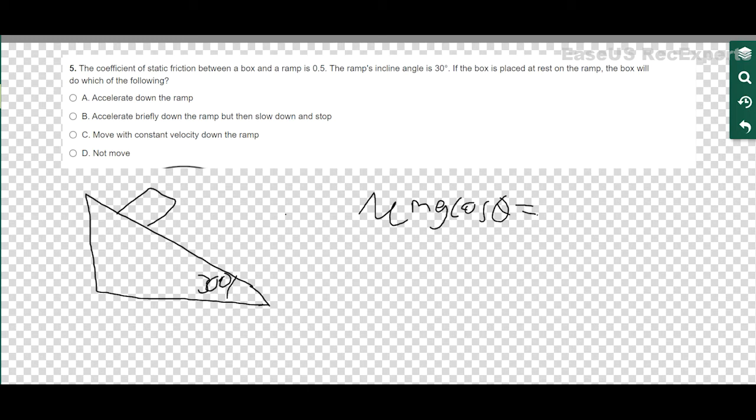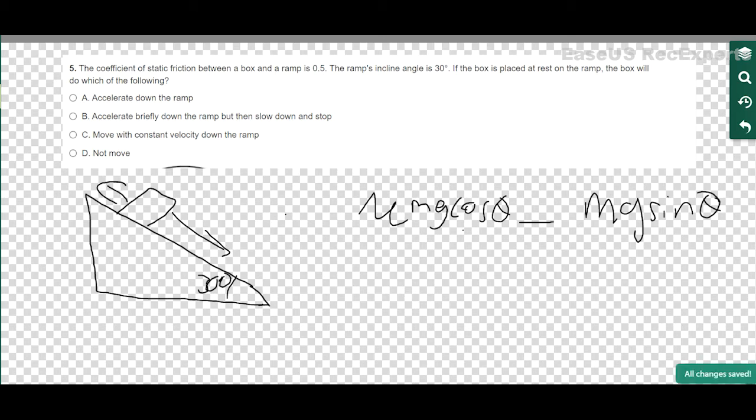We won't write whether that's greater than, equal to, or less than. We want to find that out, and we want to compare it to mg sine theta, right? Because that is our weight, that is our pull from gravity downward, and our static friction is acting upward.